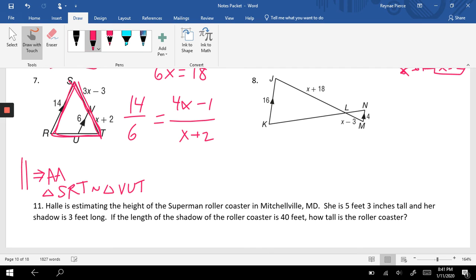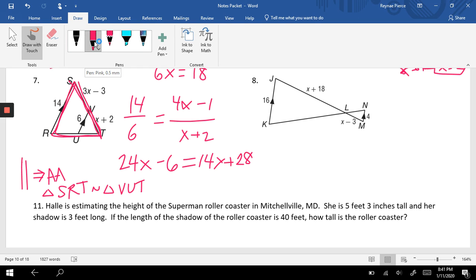Okay, so we cross multiply. 6 times 4x is 24x. 6 times negative 1 is minus 6. And then we've got 14x plus 28. 14 times the whole quantity, x plus 2.